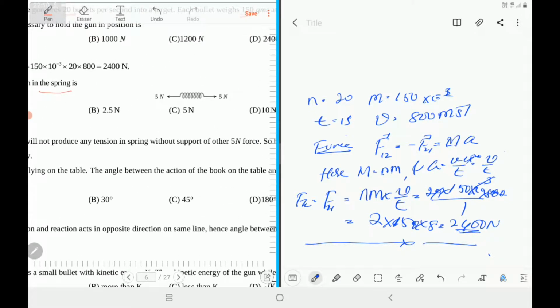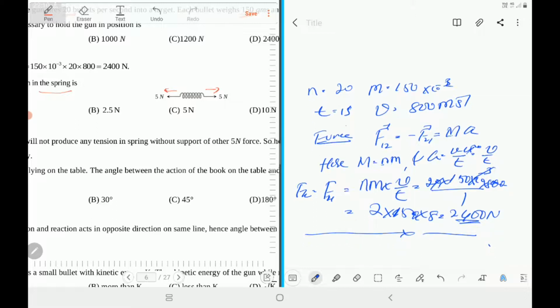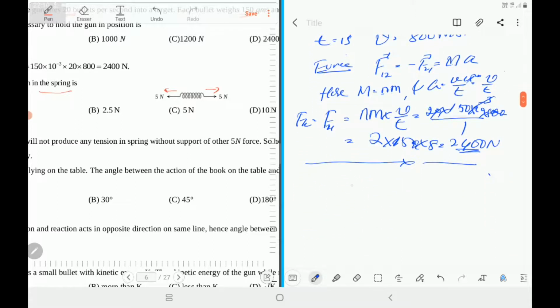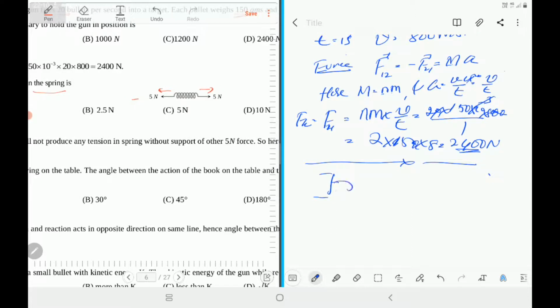He says there is a 5 Newton force acting to the right and a 5 Newton force acting to the left. Students, it is a bit confusing, but it's very simple. See, if I don't show the force to the left, look at this example. I have a spring connected to a rigid support, this one, and the other end is free.